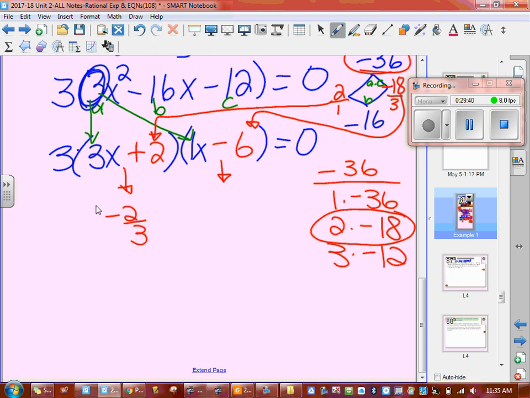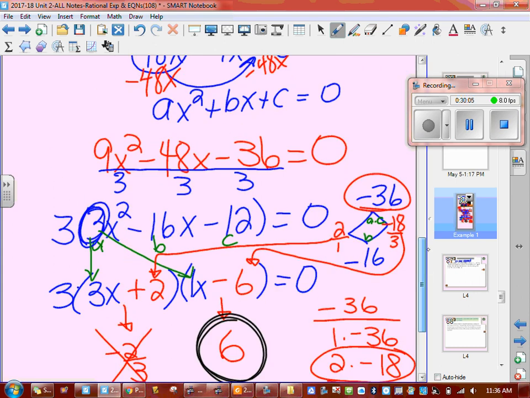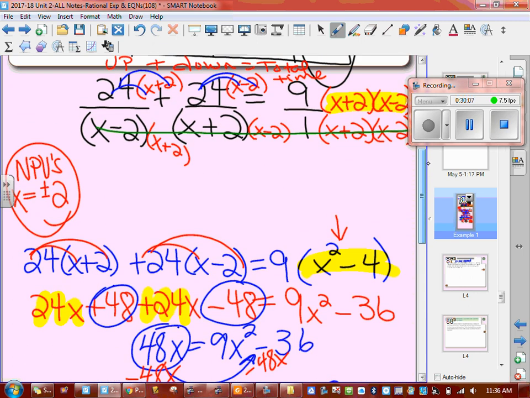Now we look and see if it's one of our non-permissible values. Our non-permissibles here were plus and minus 2. Our answer is not 2, so yes, positive 6 is our solution. Now we're going to go up and see how fast the current was going. How fast was everybody going? So if we go way up to our question, right here, this is going to tell us how fast each of them were going.